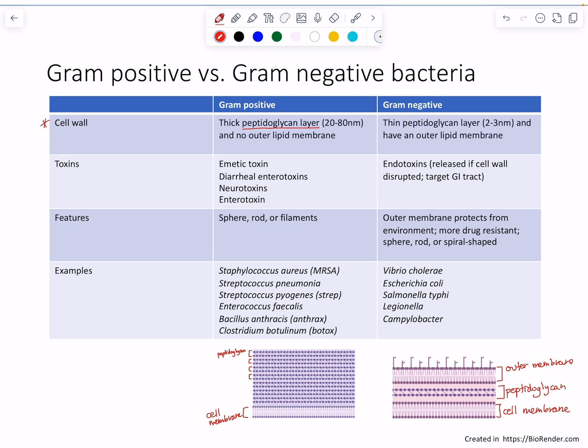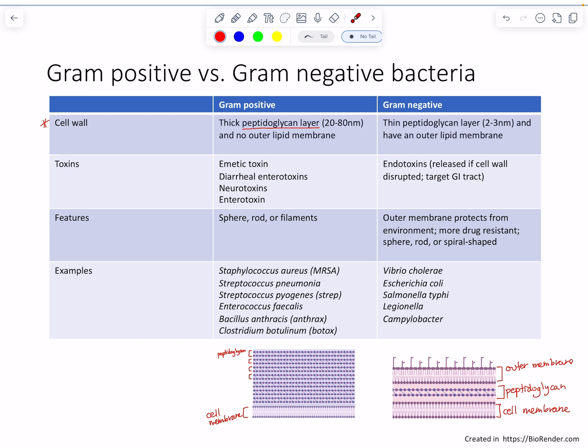The gram-positive ones tend to have toxins that will act on the GI tract. Gram-positive are going to be things like staph infections.